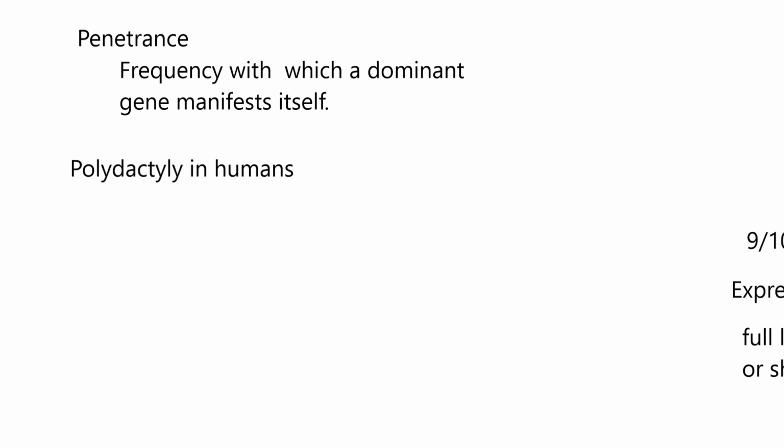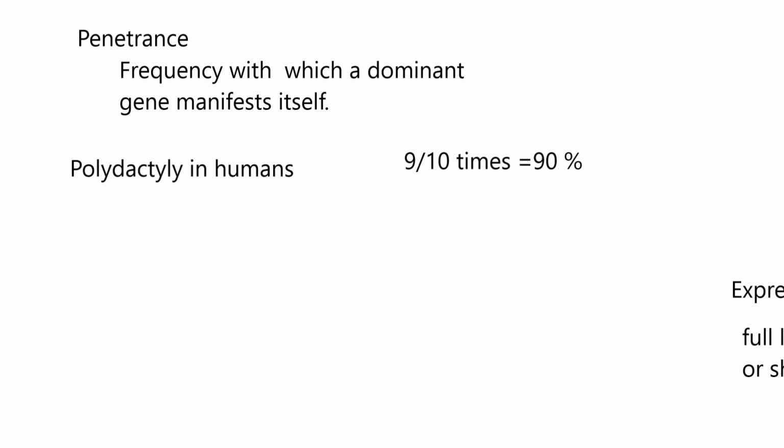But what happens is, it's not always expressed. Even with the person that has the gene, and I believe it's a dominant one, I don't know what letter they code it with, that's not important right now. But let's say that 9 out of 10 times when it's present, it shows itself. So it has 90% penetrance. Okay, and that's just an example.